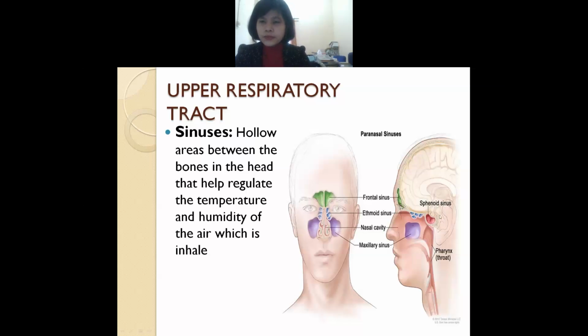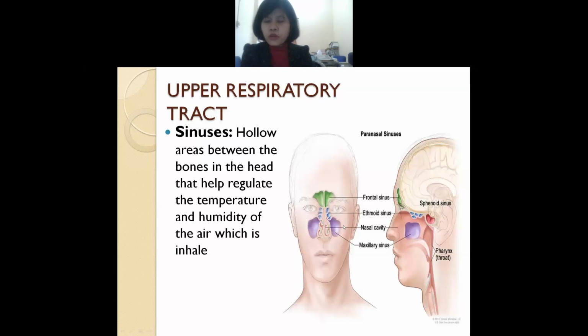There is a hole inside it, and this hole, in this sinus, helps in what? They help in making the temperature humid. I mean, they balance the temperature so that when you breathe in, what happens? They even help in making the air adjustable or adaptable for your body when you inhale.